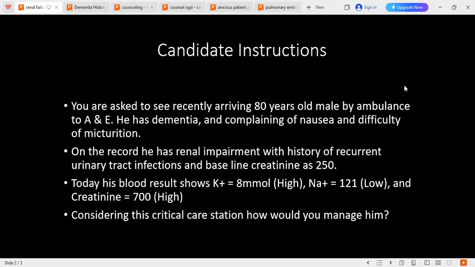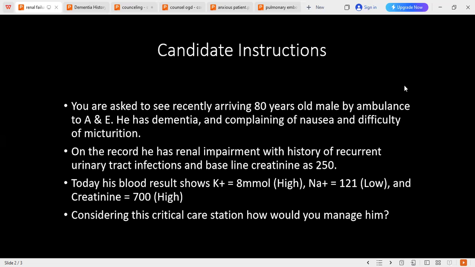I might need hemodialysis if the pH level is less than 7.2 and potassium level is more than 6.5. What are the indications for dialysis? Can you name a few?